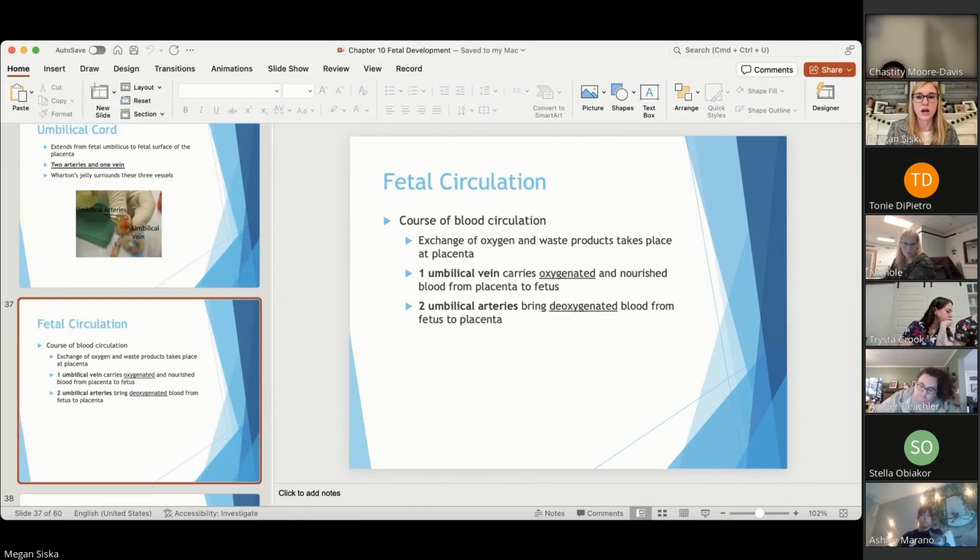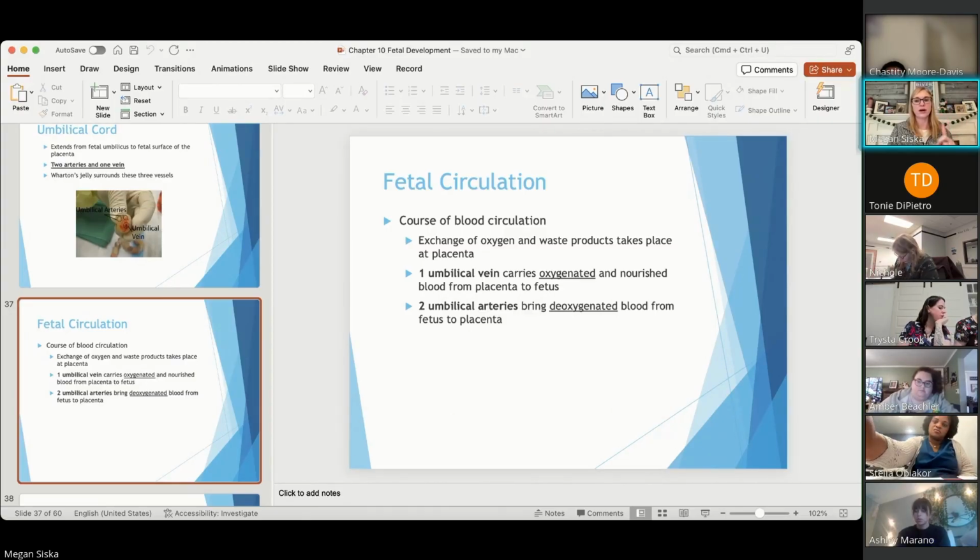Okay, so let's talk about fetal circulation. It is a little bit different than adult circulation. So we have an exchange of oxygen and waste products at that placenta. Our 1 vein in that umbilical cord is what carries oxygenated blood from mom, from the placenta, to the baby.